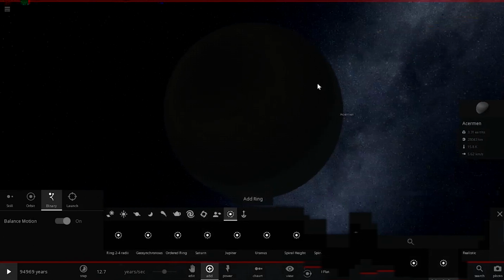We want that to auto, and we want this to auto, and let's just let it sync back.